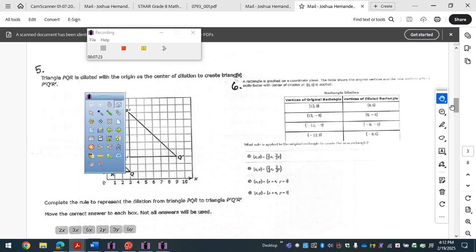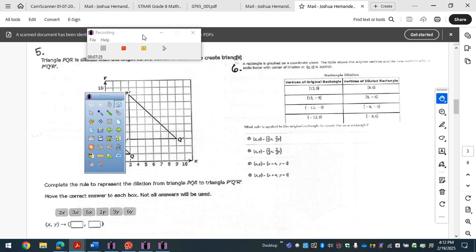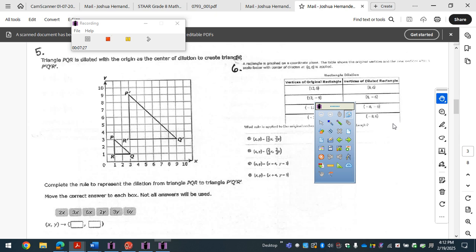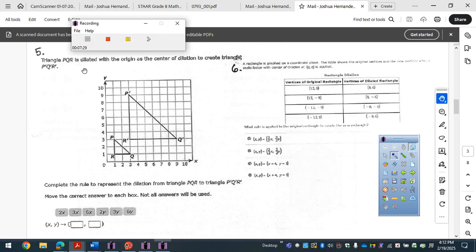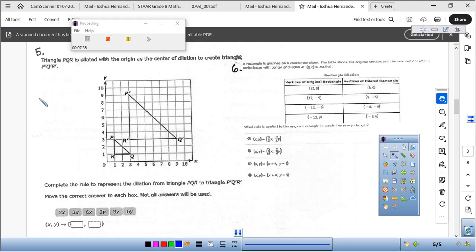Okay, so let's see this one real quick. Triangle PQR is dilated, so if it's dilated, that means to multiply. It's going out to become P'Q'R', so that means it got multiplied.